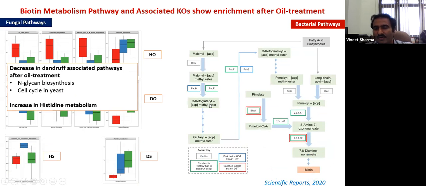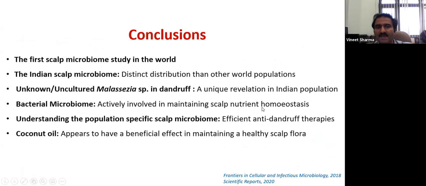We also looked at how this is happening in terms of pathways. I'll not go into details of that, but it showed that coconut oil provides a beneficial effect to the host, and it promotes the healthy bacterial species which are associated with various amino acid and vitamin biosynthesis on the scalp.